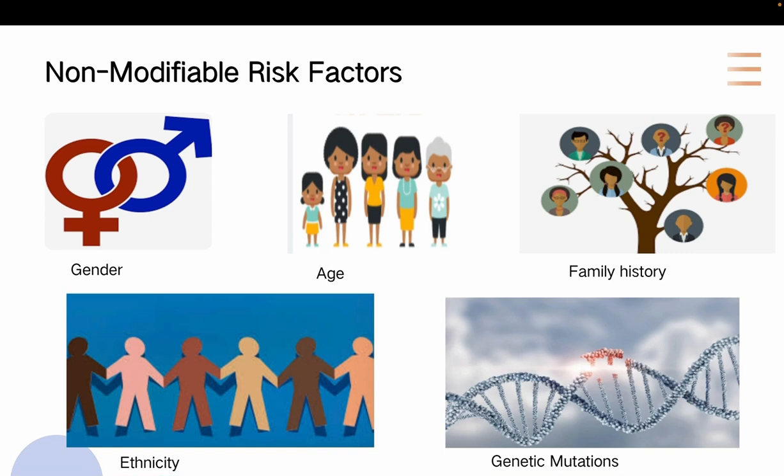Inherited mutations in genes such as BRCA1 and BRCA2 significantly elevate the risk of breast and ovarian cancers. Certain ethnic groups have different risk levels. For example, Caucasian women have a higher incidence than African American women, though African American women may experience more aggressive forms of the disease.